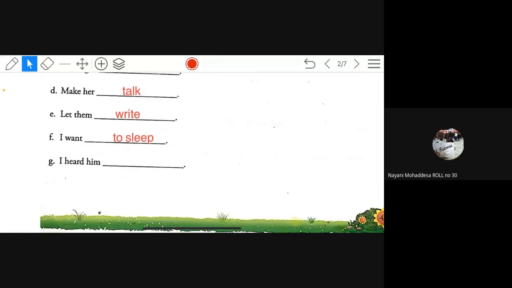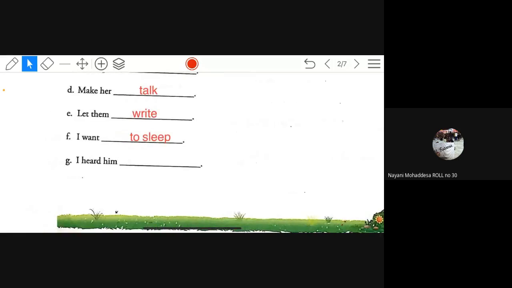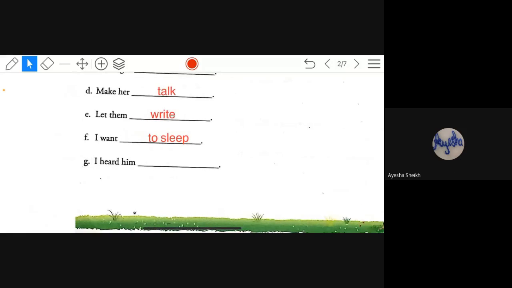I heard him dash. Carefully, laughing. I heard him plan carefully. Carefully is not the verb. It is an adverb. I heard him to plan. After him, you cannot write to.